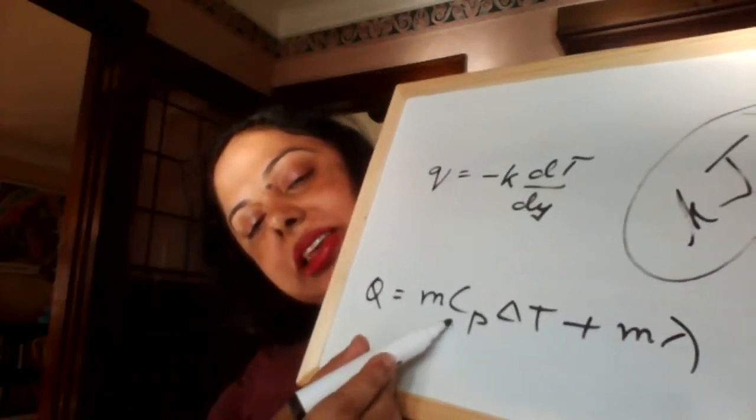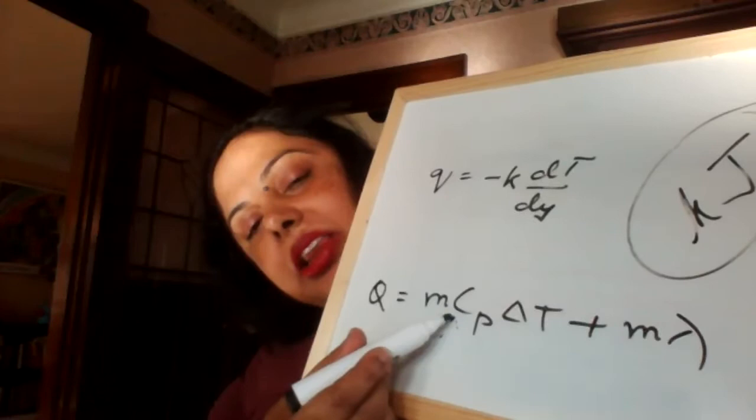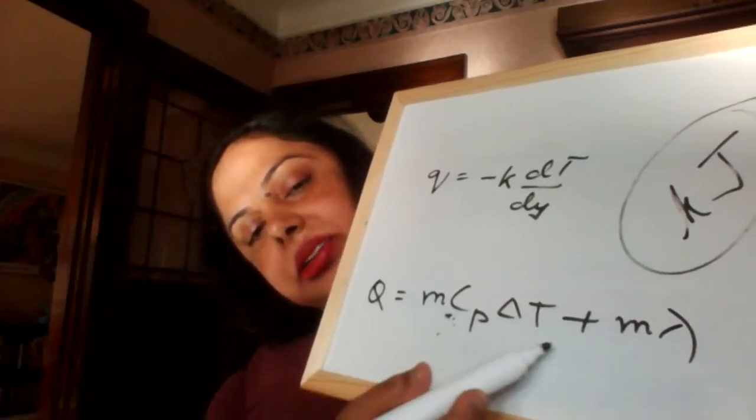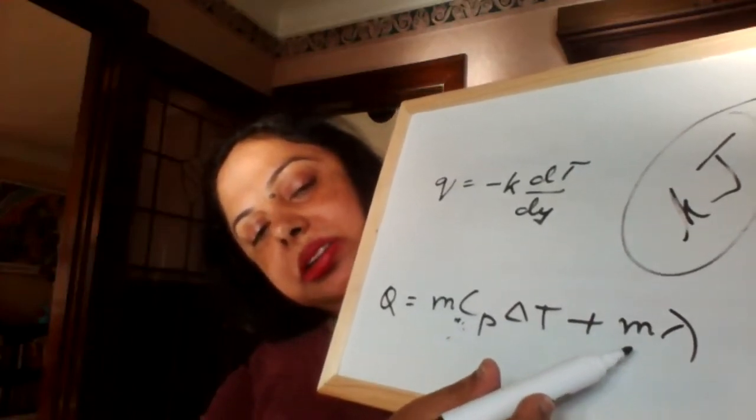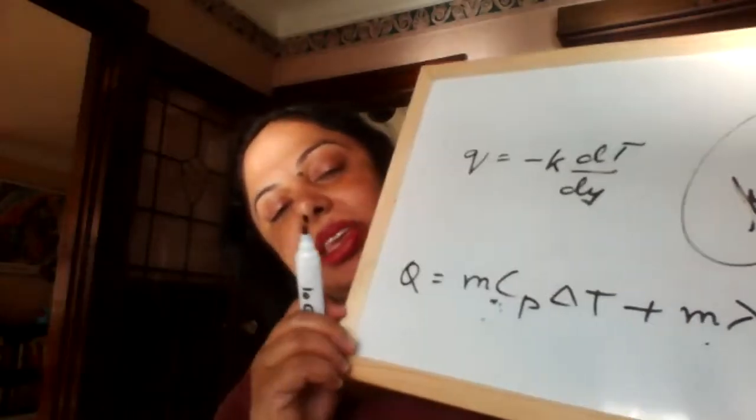So this is the calorimetric water, and this is ice.